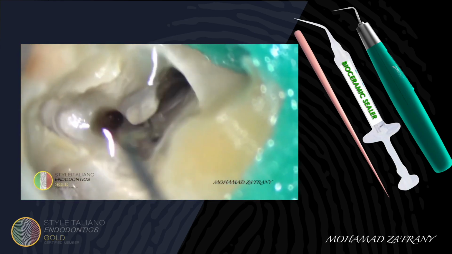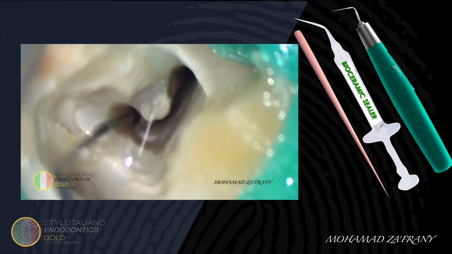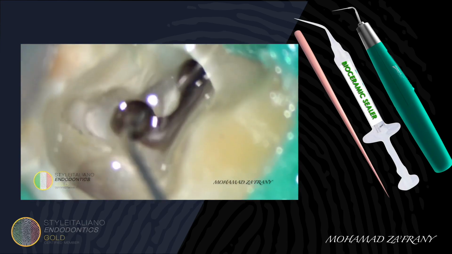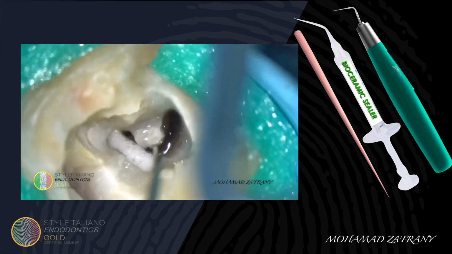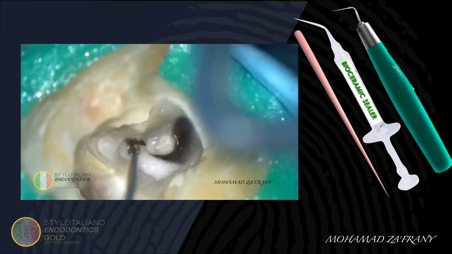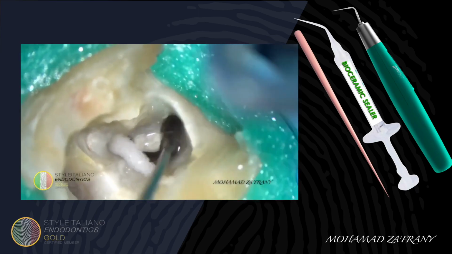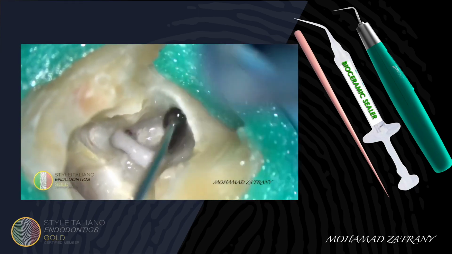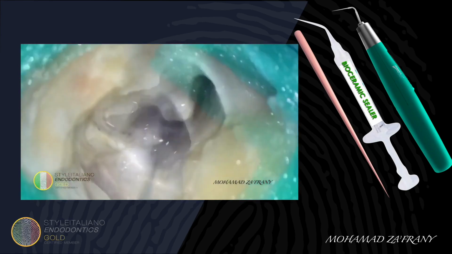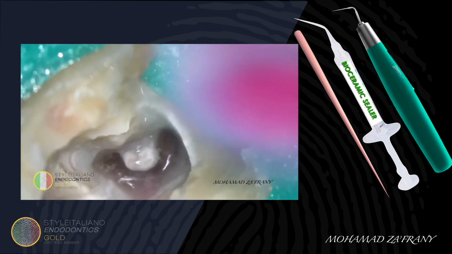Good irrigation with sodium hypochlorite. Then activation of the sodium hypochlorite using the ultrasonic, to allow deep penetration of irrigant deep into the dentinal tubules.